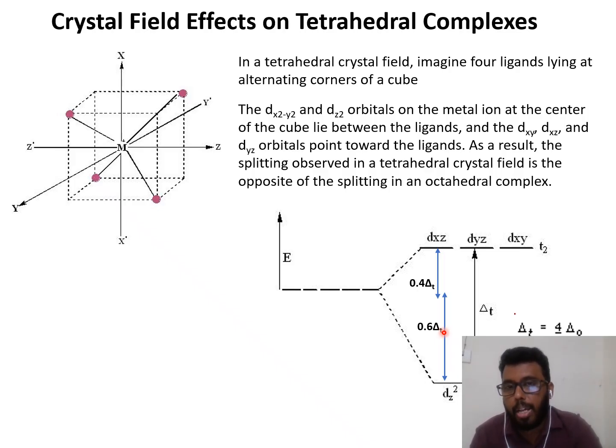Okay, so the octahedral complex we have already seen, but in the tetrahedral complex, only those between the axes. For example, look here between x and y, and here it is present between y and z, right? So here the ligand orbitals are approaching. As a result, only those orbitals of the ligands present in between the axes will be pushed up.